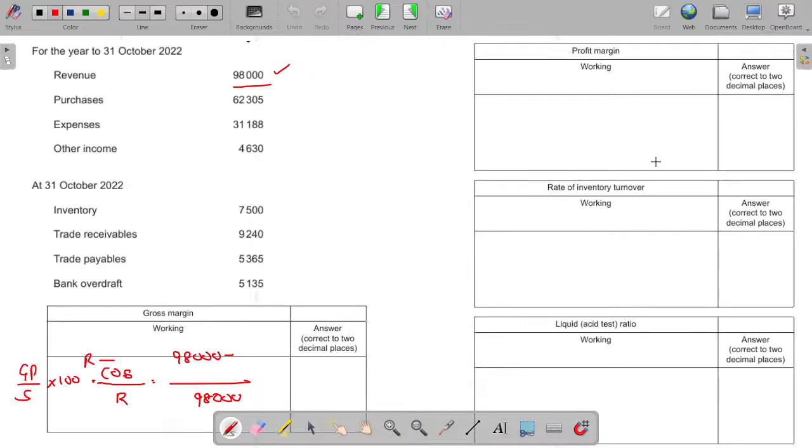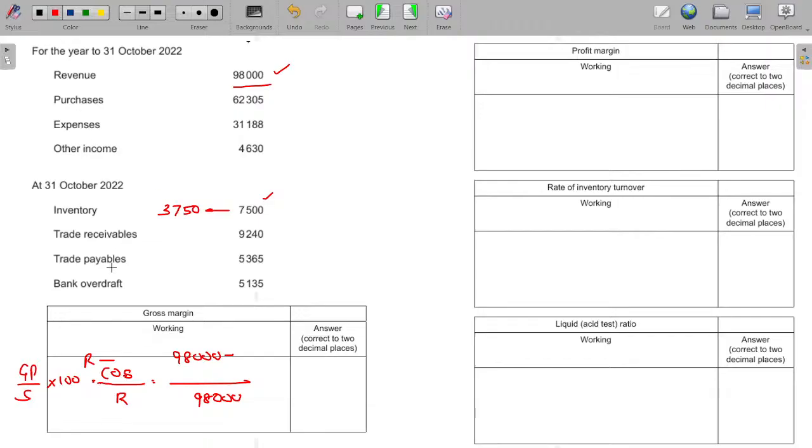So this is the closing inventory, and the opening inventory should be half of that, 3,750. Opening inventory 3,750 plus purchases 62,305. If there is any carriage inwards it will be addable, but we don't have it. From there you have to subtract closing inventory 7,500, and this will be the cost of sales.